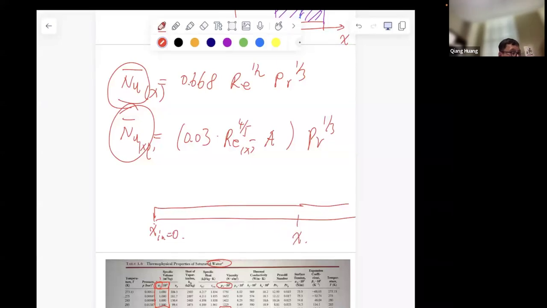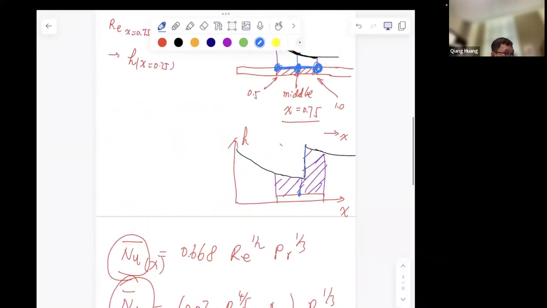So in order to use these two numbers, you have to calculate the heat for the entire first two sections, and then you calculate the heat for the first section alone. Then you subtract the second number from the first number. That's how you do it.